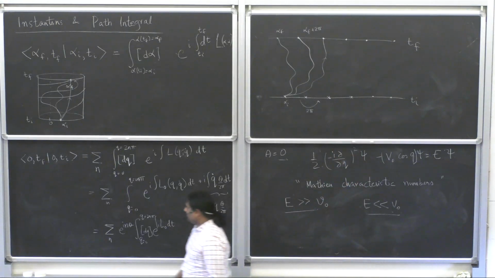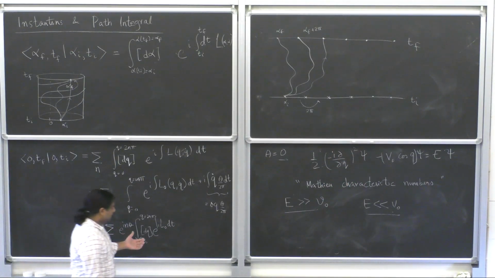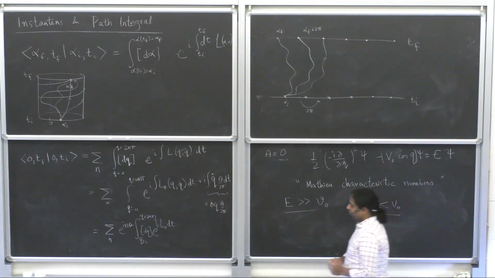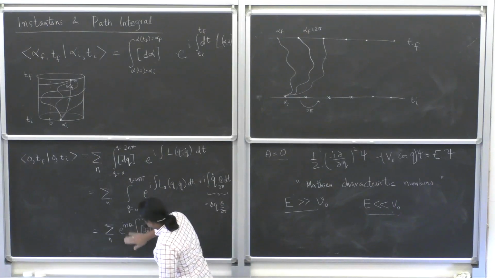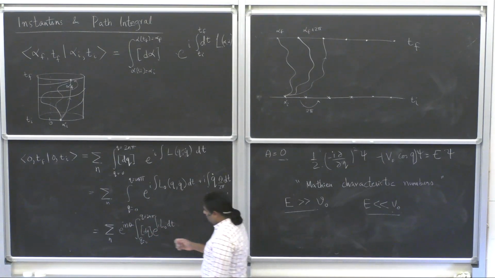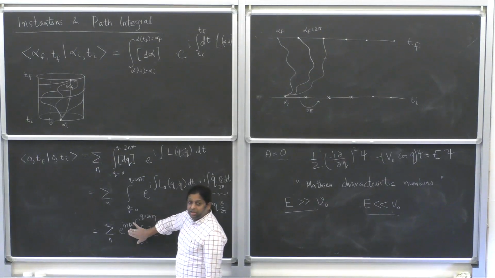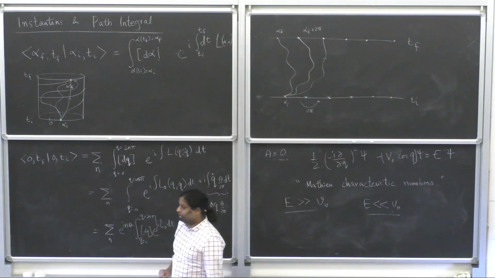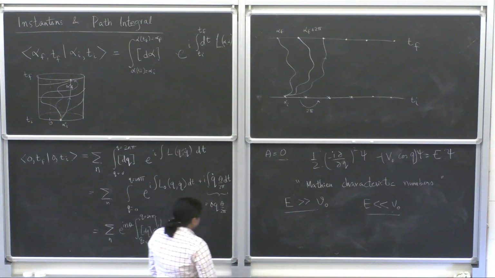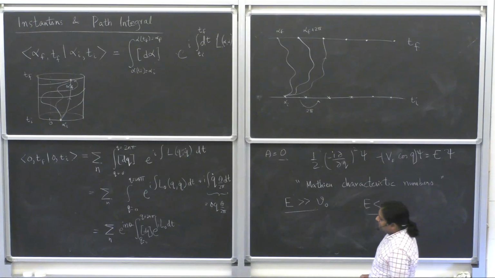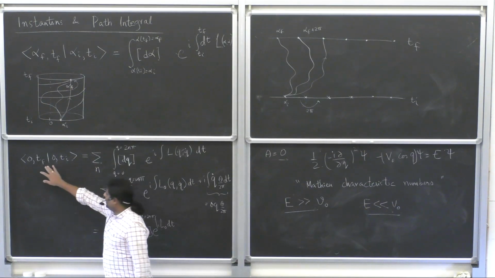So this gives us another perspective on what the theta angle is doing. It's telling us that when we're doing the path integral on a cylinder, we have a bunch of winding sectors. So all our paths break up into paths labeled by n, how many times they wind around the cylinder. Each winding path is weighted by e to the i n theta, where n is the net number of times the path winds around the circle from time t equals ti to t equals tf.